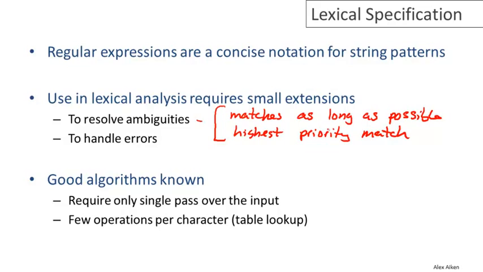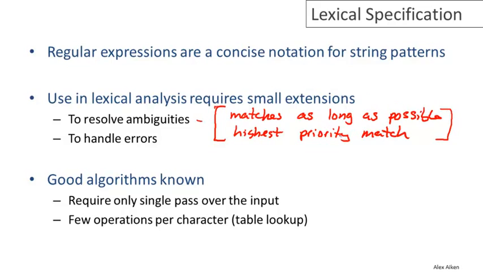I just want to warn you that when you go to write lexical specifications, when you go to actually implement a lexer for a language, the interaction of these two rules, that we take the longest possible matches and we break ties in favor of the highest priority rules, that these lead to some tricky situations, and it's not always obvious that you're getting exactly what you want.